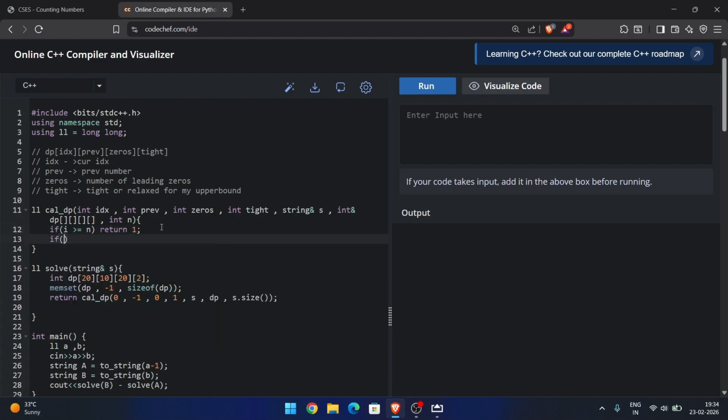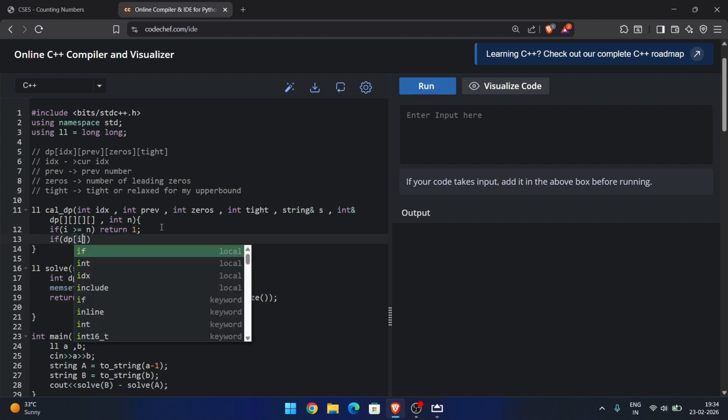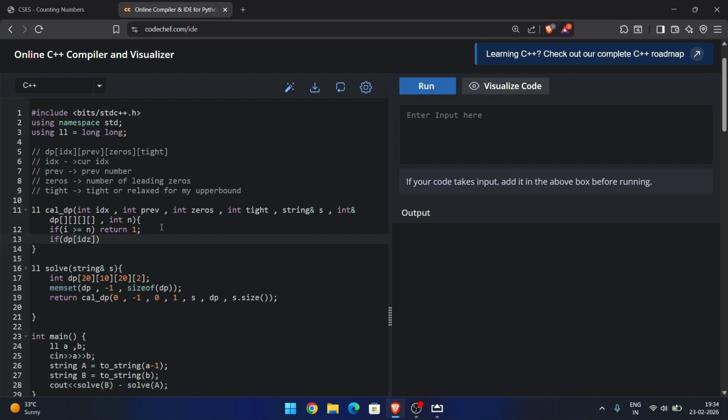Okay, now if we have found out the answer previously, that means if this value is not equal to -1, then simply we would return this previously stored number.